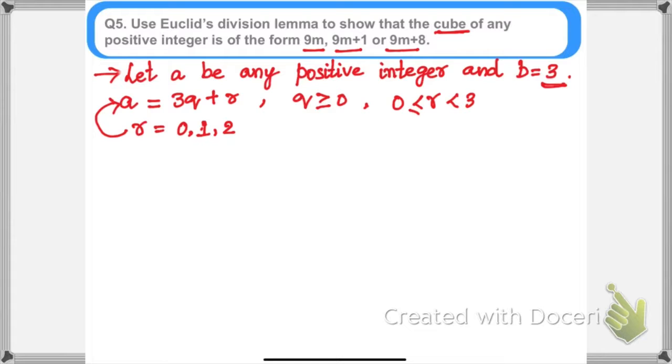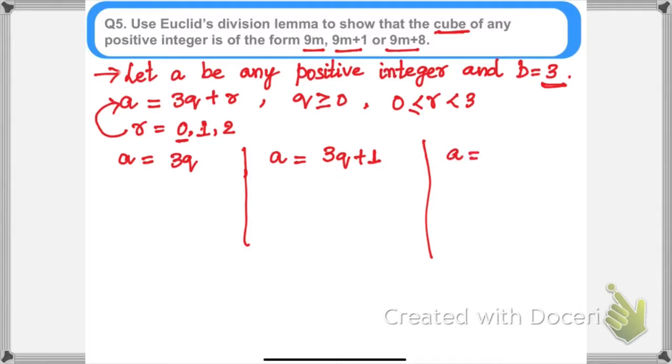So the possible values for r are 0, 1 and 2. Now putting these values of r in this equation, we get a is equal to 3q when the value of r is 0, or a is equal to 3q plus 1, or a is equal to 3q plus 2. Now since we have to find the cube of the numbers, we will cube on both sides.